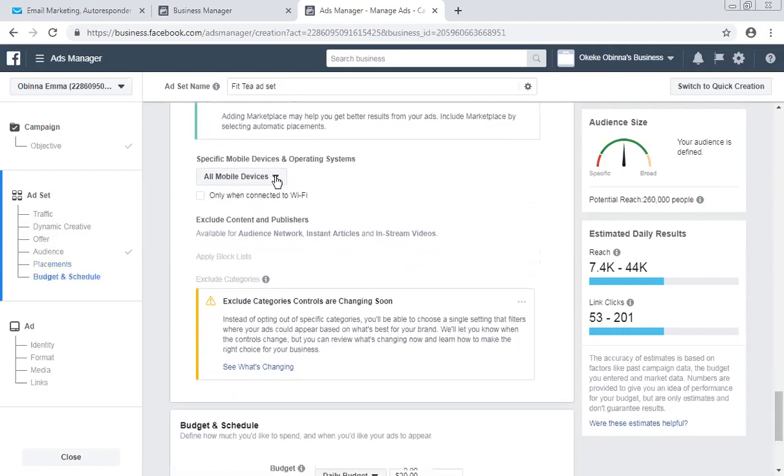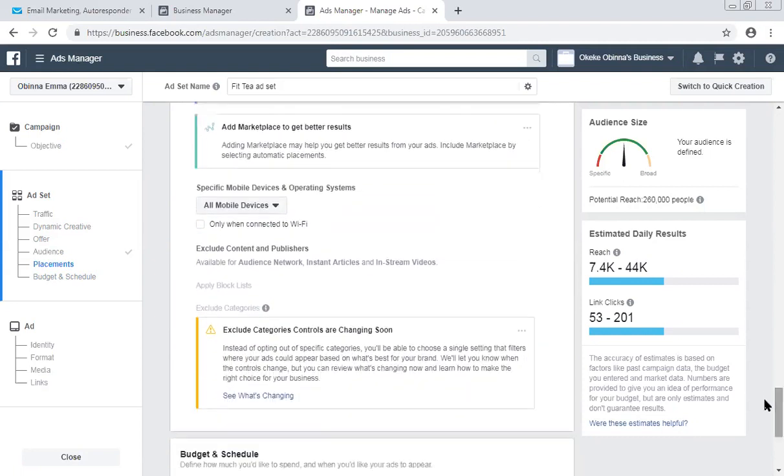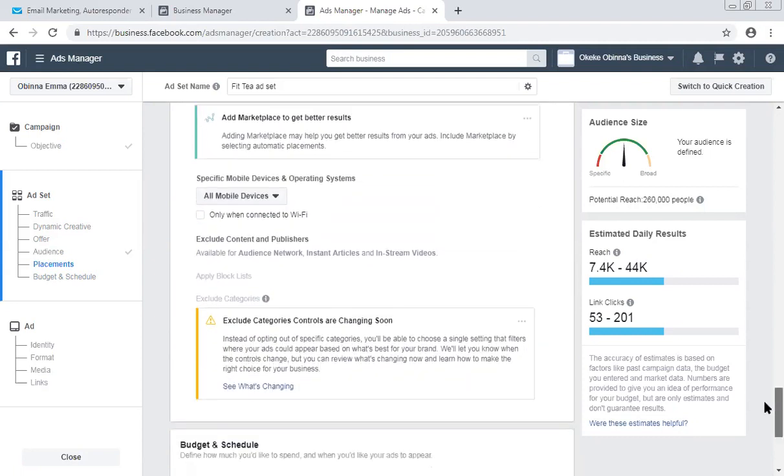Specific mobile devices. Of course, I choose all mobile devices, even though most people use Android, those that use Apple phones and every other thing, you can still target them. But one thing I don't do is target desktop. For crying out loud, how many persons still make use of their laptop?